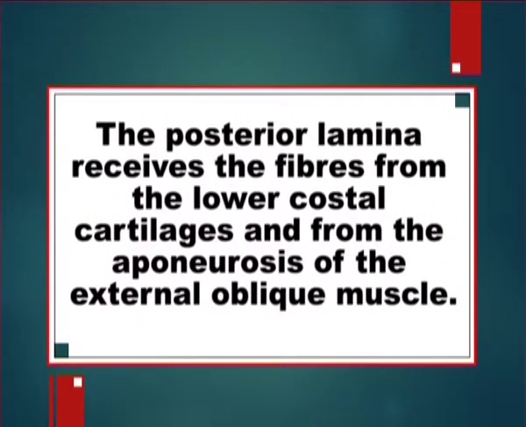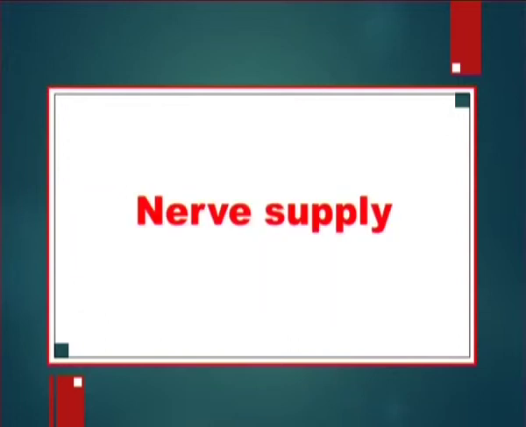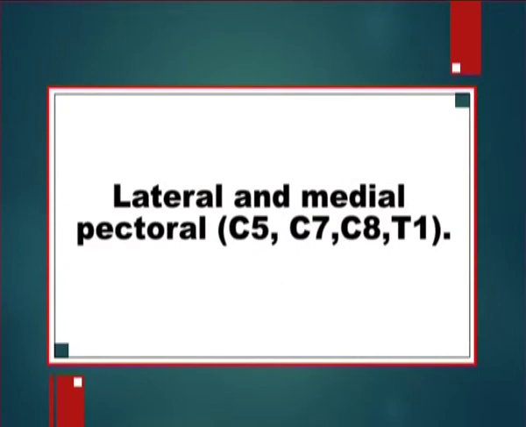The posterior lamina receives the fibers from the lower costal cartilages and from the aponeurosis of the external oblique muscle. Nerve supply. Lateral and medial pectoral nerves, C5, C6, C7, C8 and T1.